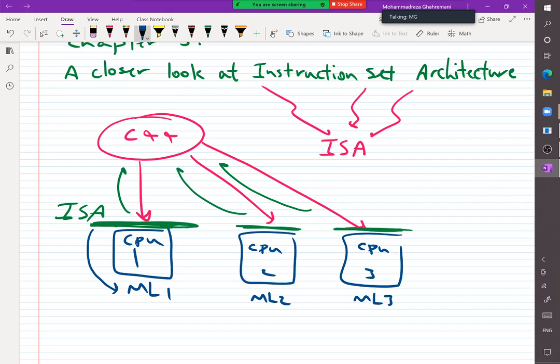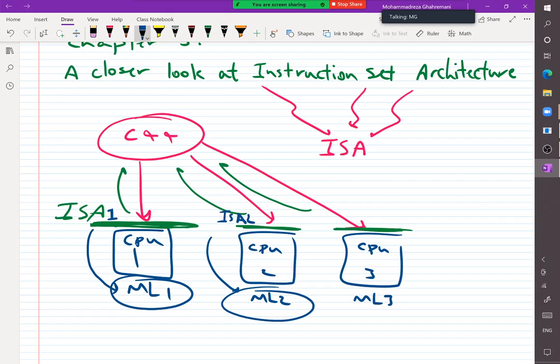So ISA 1 translates the high level language to machine level language 1 for CPU 1. ISA 2 converts, translates, or compiles the C++ to machine language 2. Is it clear?